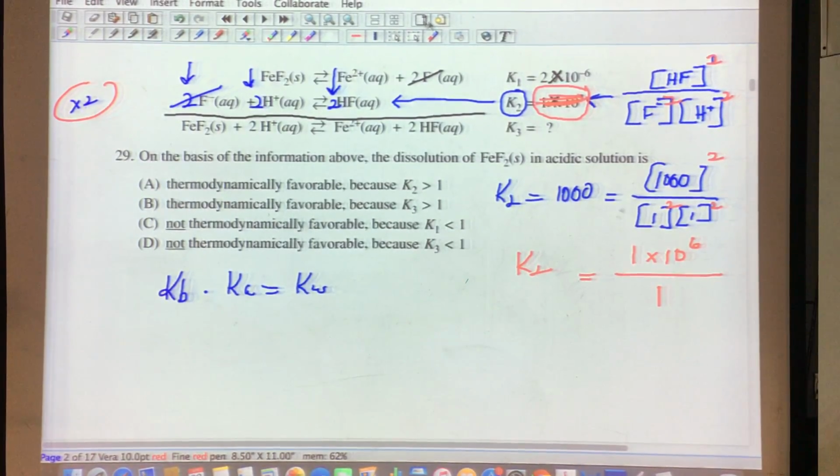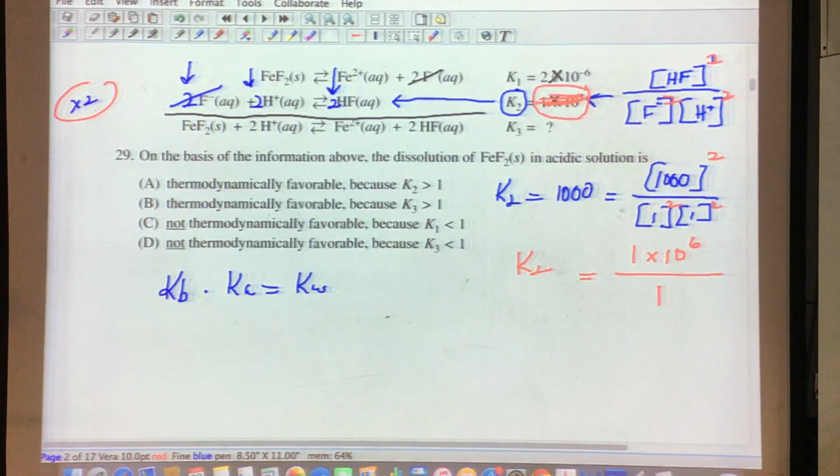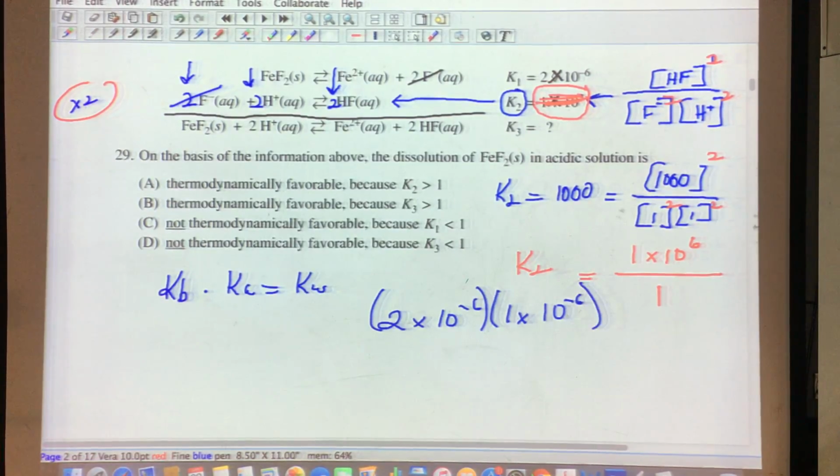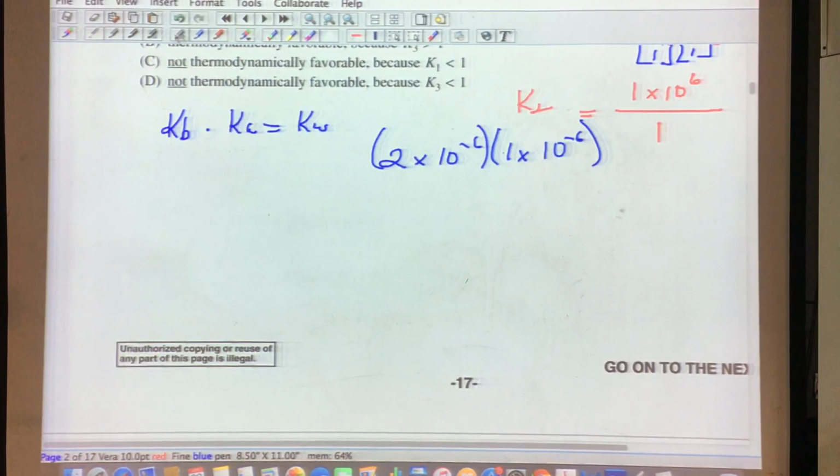Okay? And now what we're going to do to get the overall is multiply. We're going to multiply K1, which is 2 times 10 to the negative 6. And I'm going to times that by my K2, which is 1 times 10 to the positive 6. Okay? That's all I'm doing is multiplying my K's, now that I know my individual K's.